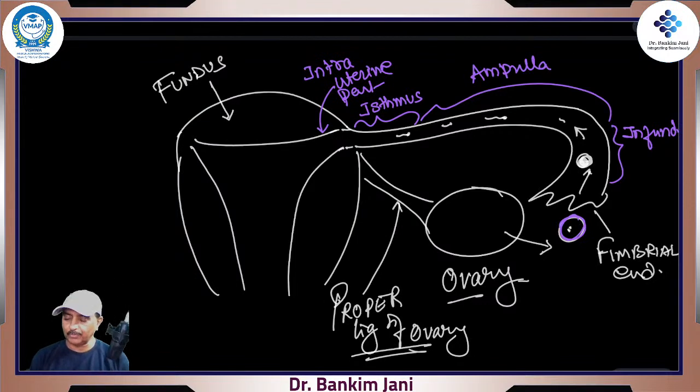That's where the ovum and the sperm meet. This is the reason for ectopic pregnancy. Ectopic pregnancy, that is sometimes when there is tubal pregnancy. Tubal pregnancy means the fertilization occurs over here in the fallopian tube, and then it gets embedded over there only, and then it becomes a major emergency, right? Because the tube can rupture very easily. So that's important to know, that this is the site of fertilization.